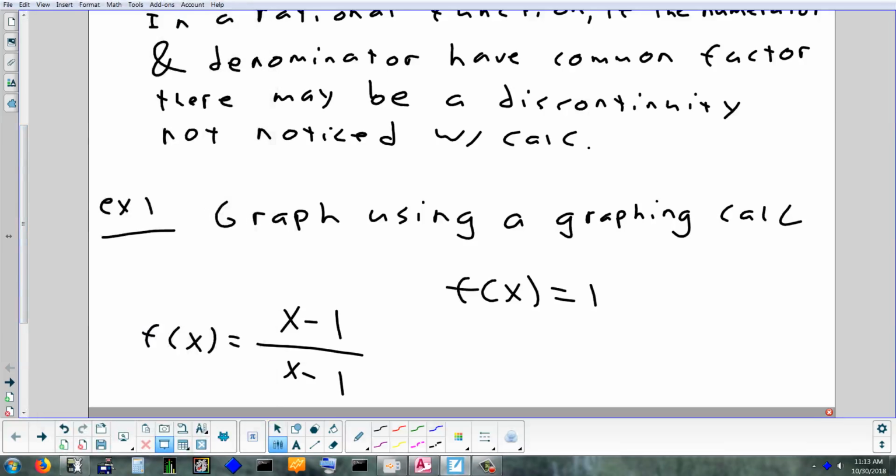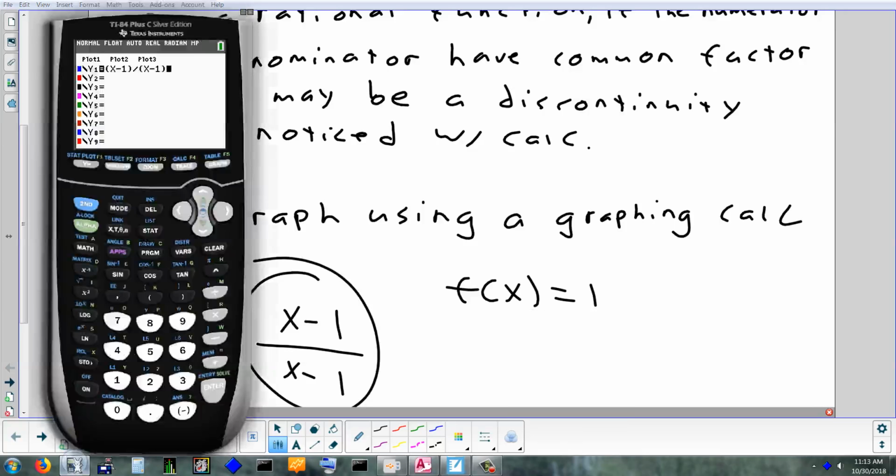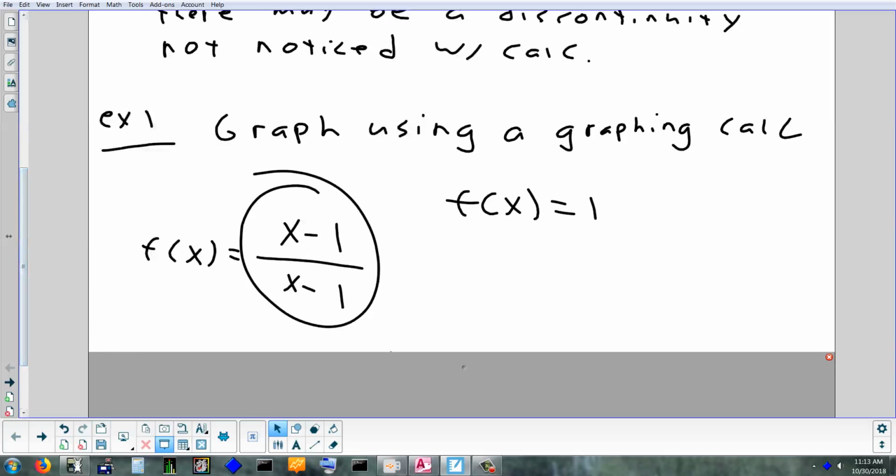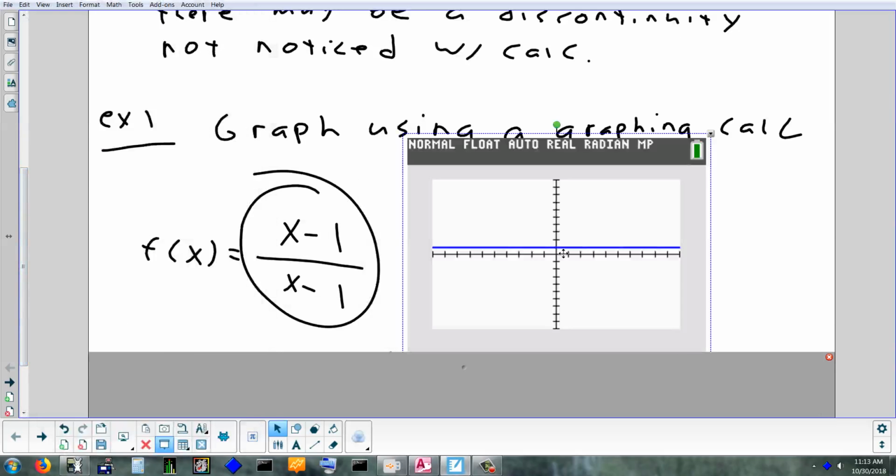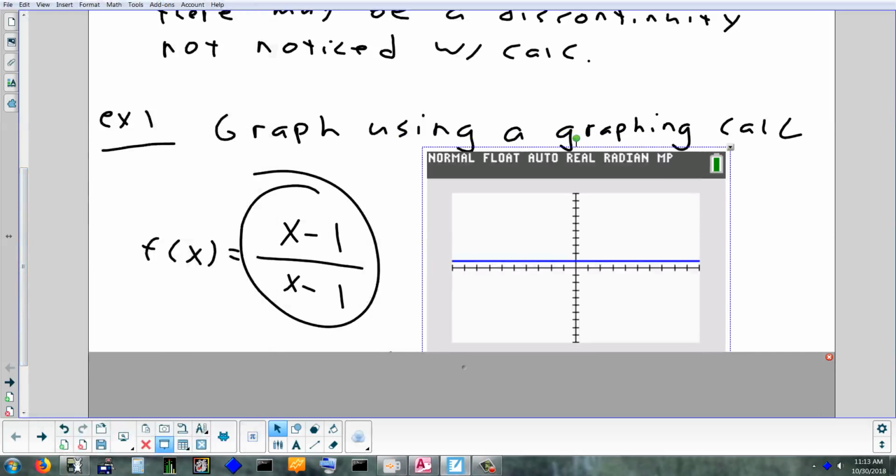In fact, visually, you're not going to be able to tell the difference between the horizontal line at 1 and graphing that. Okay, so let me graph it. Let me change my window. Let's do zoom 6. It looks like the line y equals 1. But there is a hole in the graph. So what I would do if I was going to sketch it is kind of exaggerate it a little bit and just show that there's a hole right there.